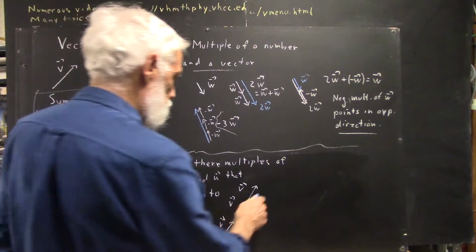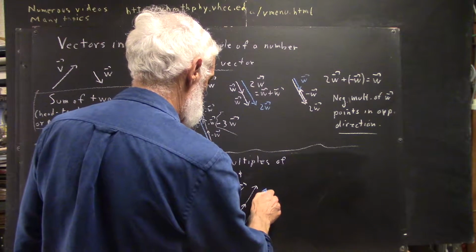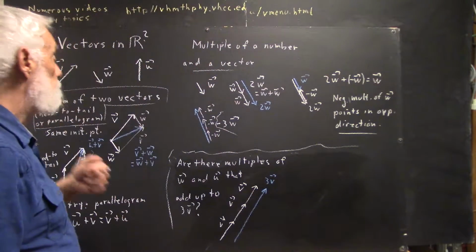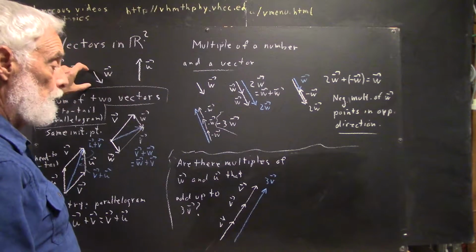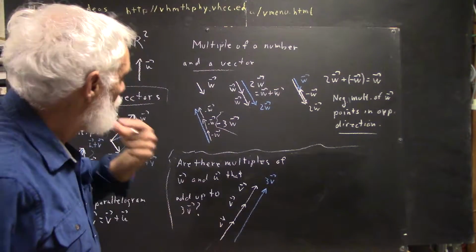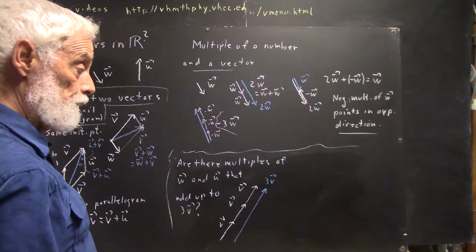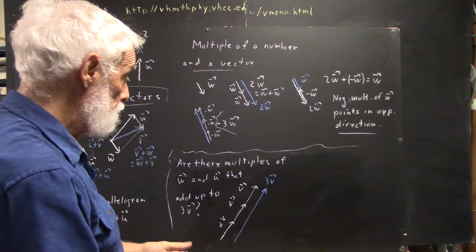So now here's the vector v. Now, I want to add multiples of u and w so that when that sum is formed, some multiple of u and some multiple of w, it gives me the same thing that I get for 3v.